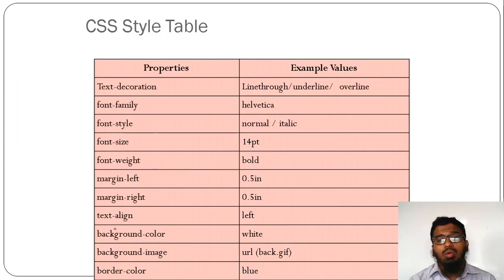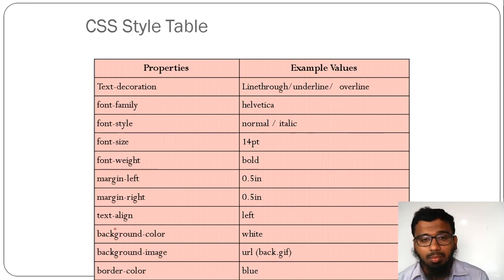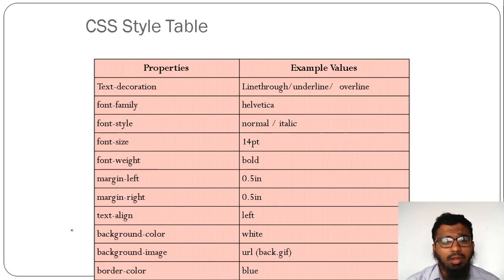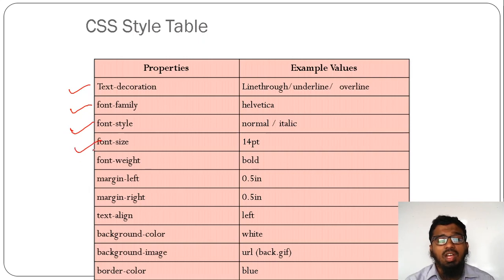Okay, now CSS table, some of the properties are there: text decoration, font family, font style, font size, font weight, margin right, text align, background image, border. All of these are properties, and there are so many more. These are some of them.